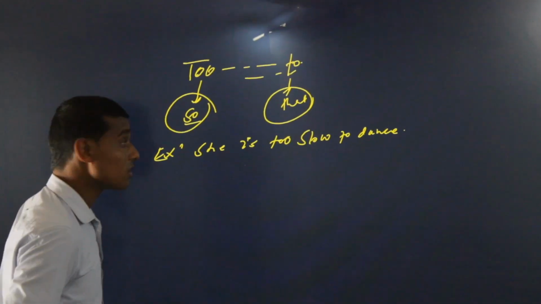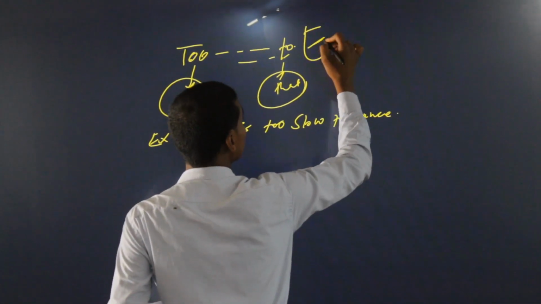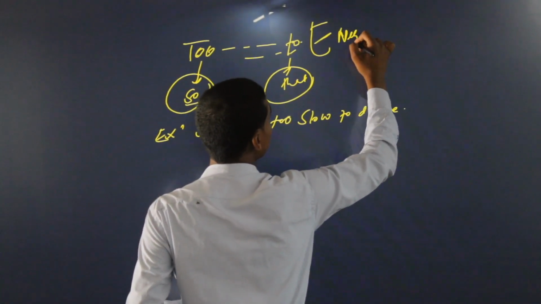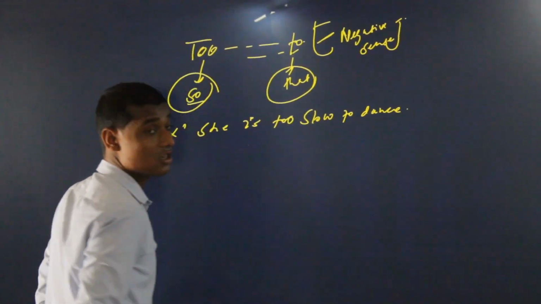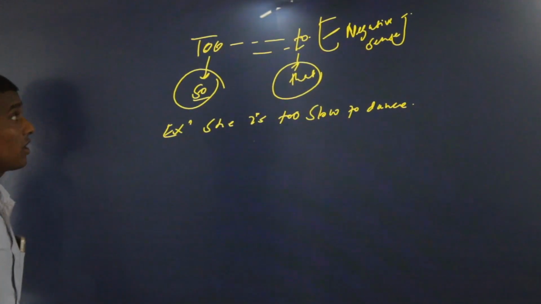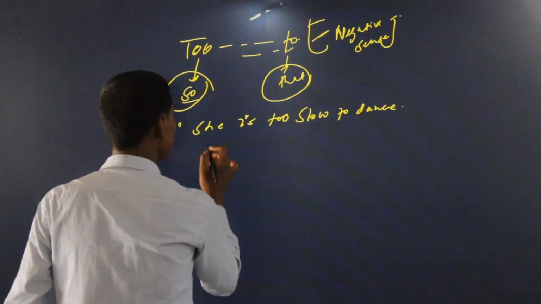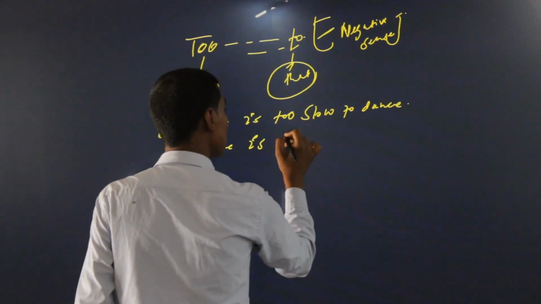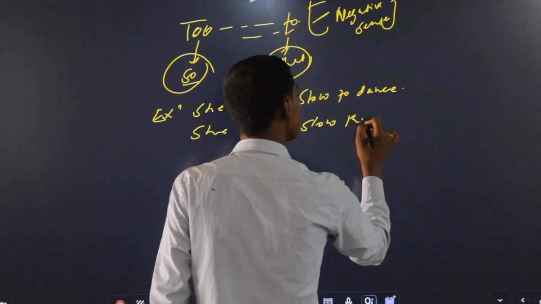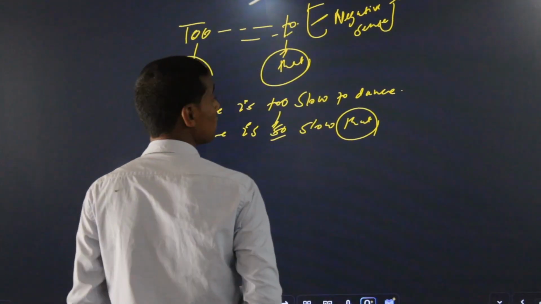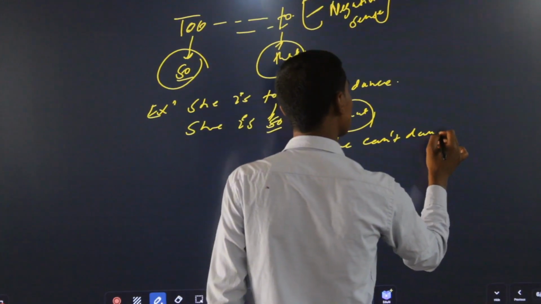The meaning is negative. Whenever you find double too in a context, we have to understand that we have negative sense. So during transformation, we have to be quite aware that we can't change its sense. We have to remain negative. For example, we have to use she is, and instead of too, we have to use so slow. Instead of this to, we have to use that. She is so slow that she can't dance.